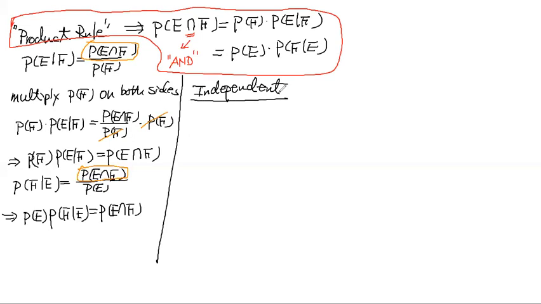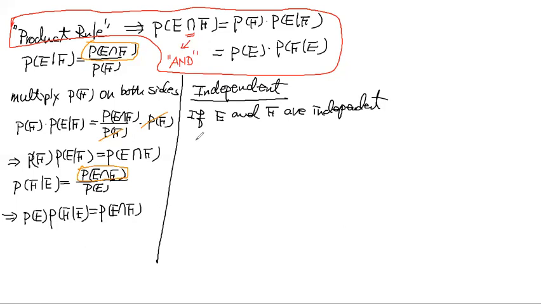Okay, so what does independence mean? If we say events E and F are independent, what does that mean? It's like saying you and I are independent.